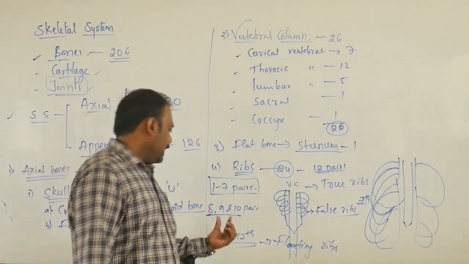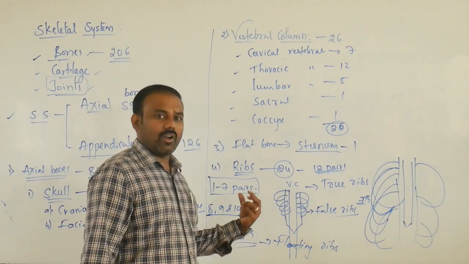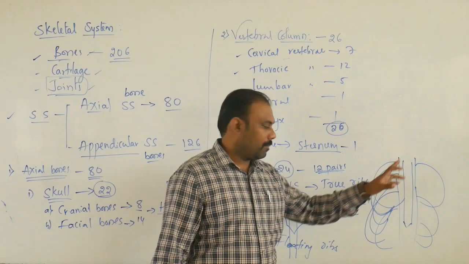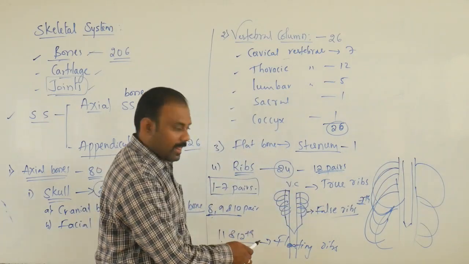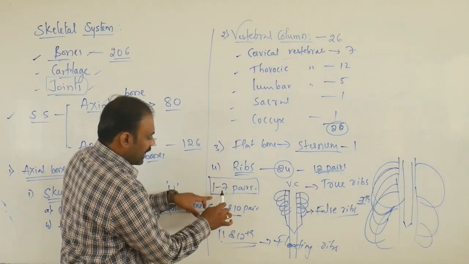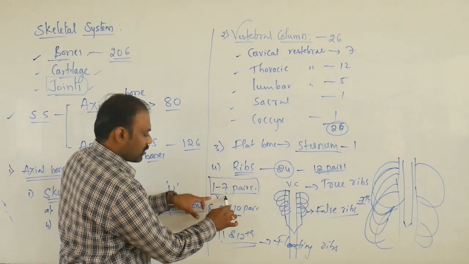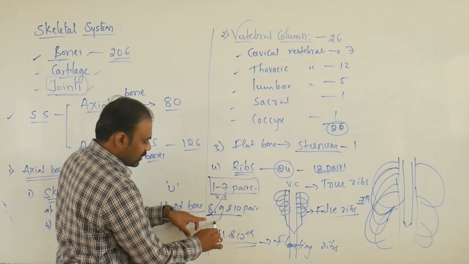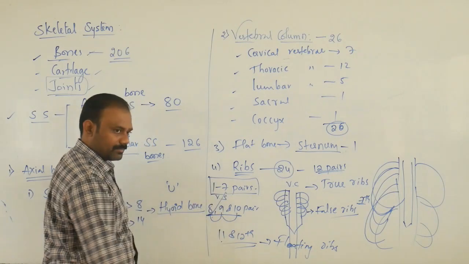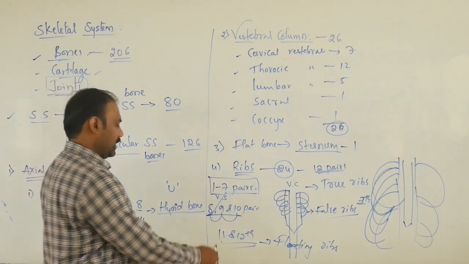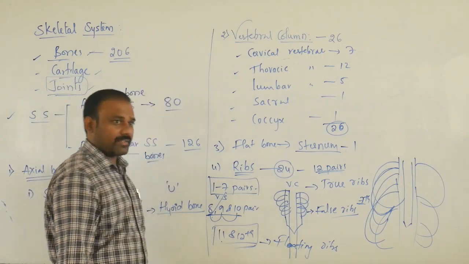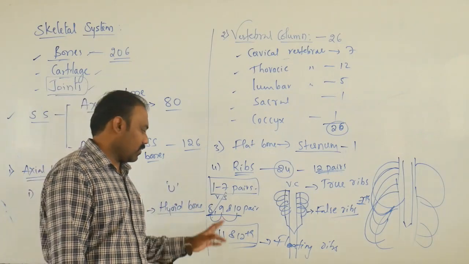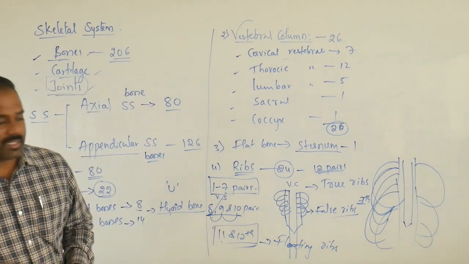Because these 11th and 12th ribs are not attached to the sternum ventrally. The 1 to 7th attach to the sternum, the 8th attaches to the 7th, the 9th to the 8th, the 10th to the 9th, but the 11th and 12th are attached nowhere, so they are considered floating ribs.